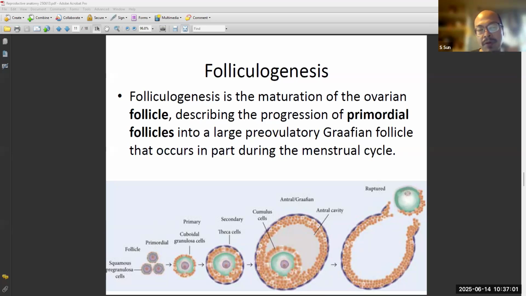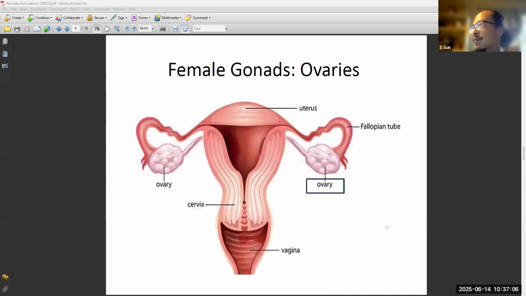Ovulation is basically to throw the oocyte into the fallopian tubule right here, rolling down into the uterus. Only when there is no fertilization, meaning that there's no sperm at that time, then there is no implantation.